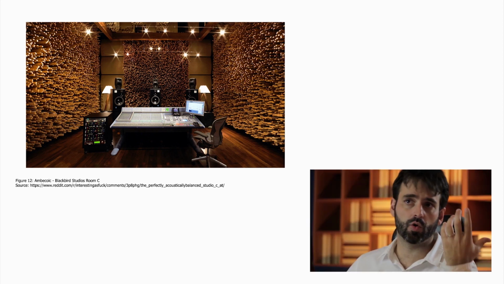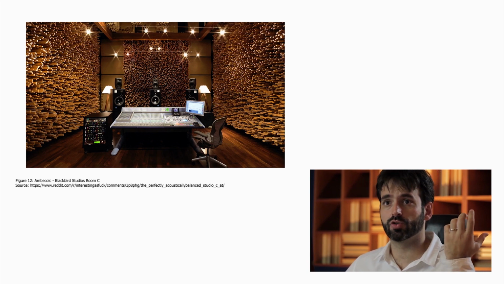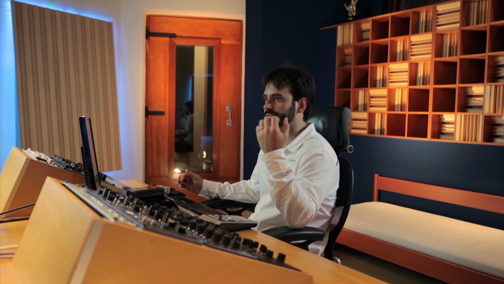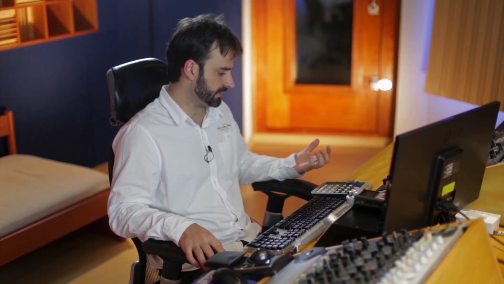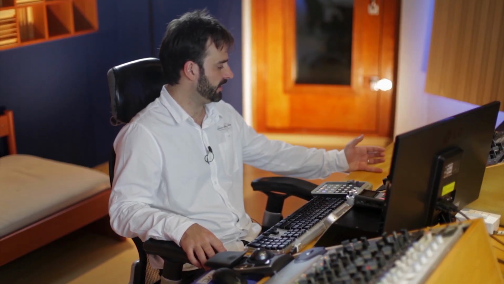The absorbers in the corners of the room are to control the lower frequencies, since the diffusers that act in this frequency range are very large and can change the balance of the acoustic modes of the room. Measurements carried out in the Blackbird studio by impulse response showed a 30 decibel decrease in the early reflections. That's a lot, you know. Technical recommendation tells us about 10 decibels.